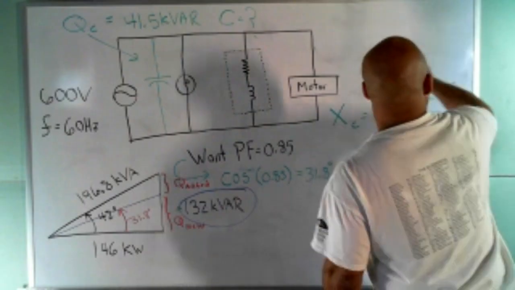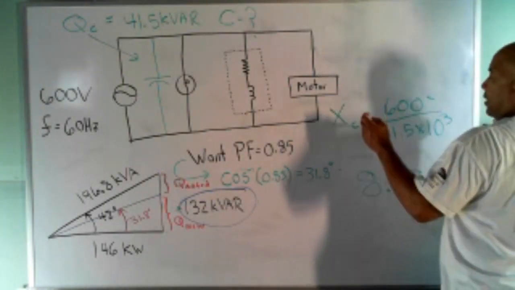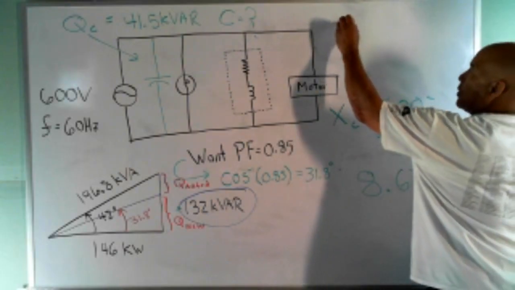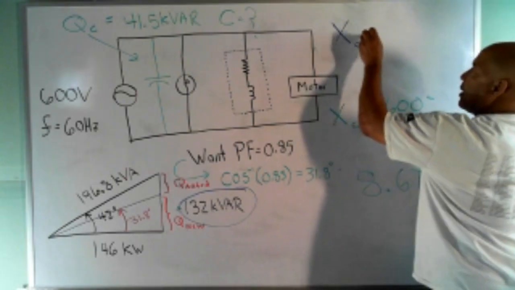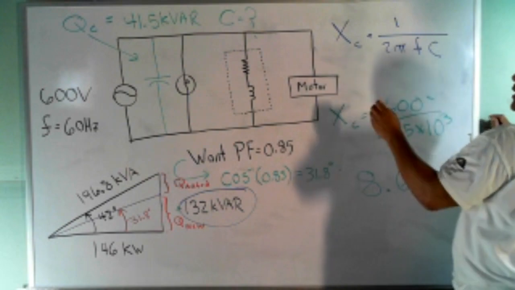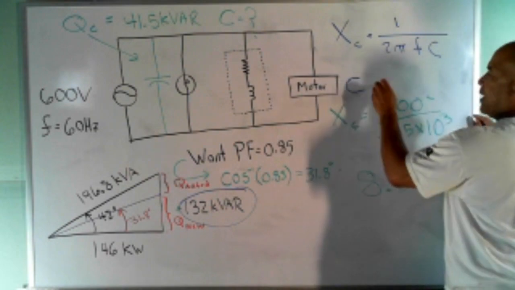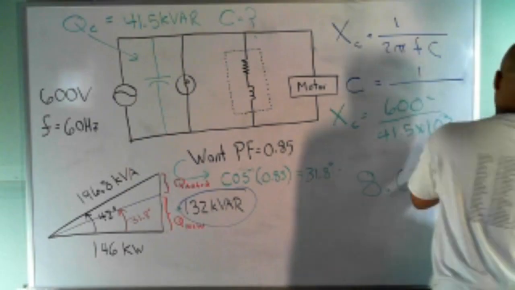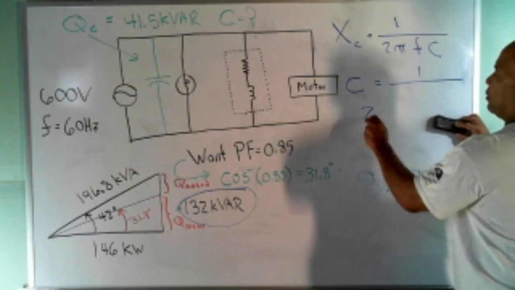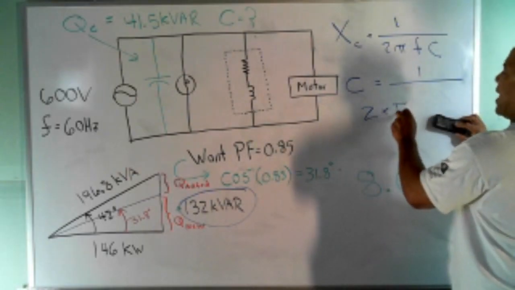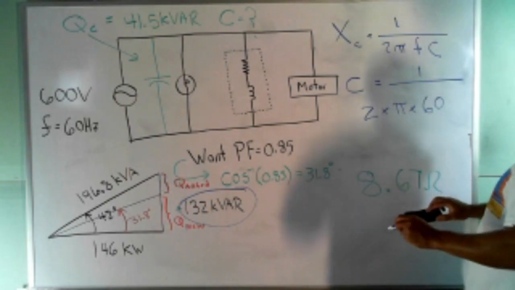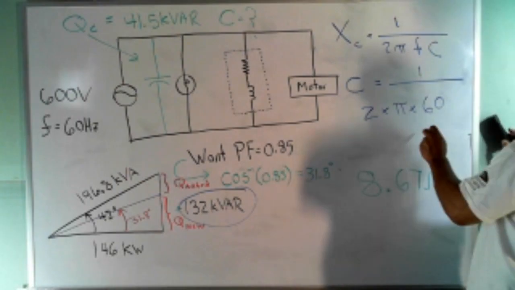So we got XC is 1 over 2 pi FC. If I want to switch these, C equals 1 over 2 times pi times F, which is 60, times this value right here, XC.